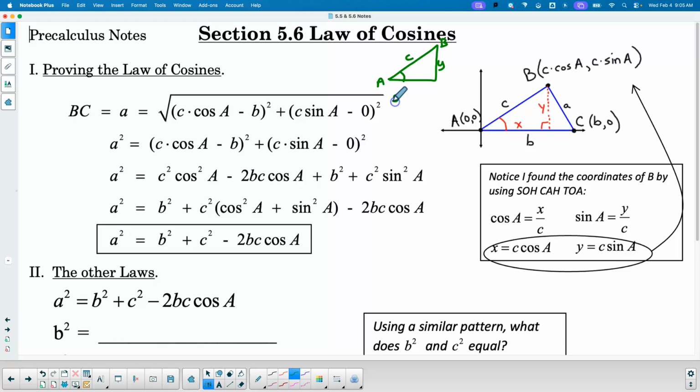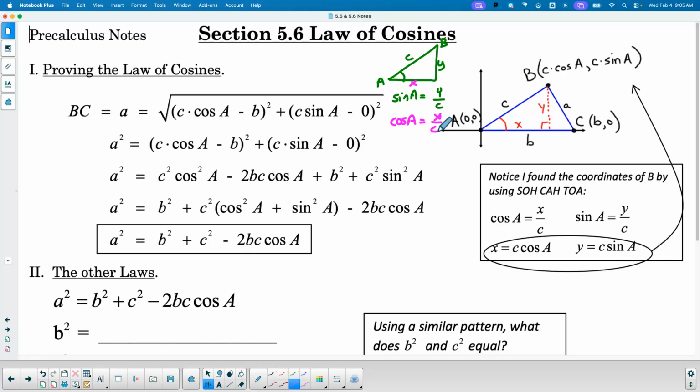The sine of angle A is y over c, so y is c times the sine of A. This side here is x, and the cosine of angle A is x over c, so x would be c cosine of A. That gives us the coordinates of point B. Horizontal distance would be x, which is c cosine of A. Vertical distance would be y, which is c sine of A.